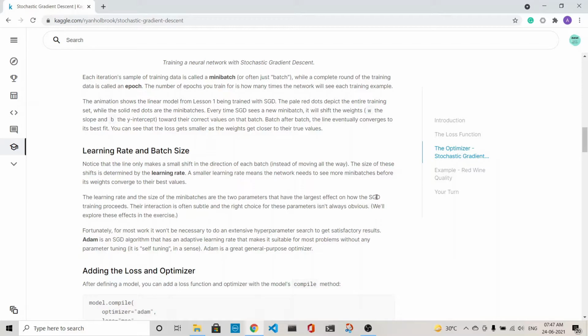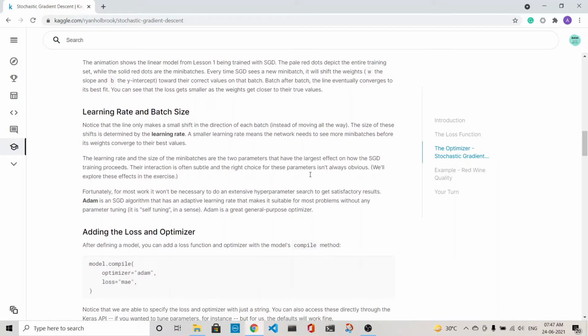The weights need to be changed, right? So how quickly you are changing the weights is determined by a factor known as the learning rate. These two factors are very important, and they will help in training the network well.